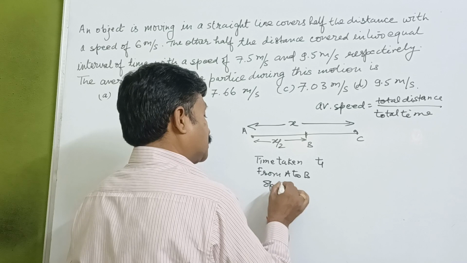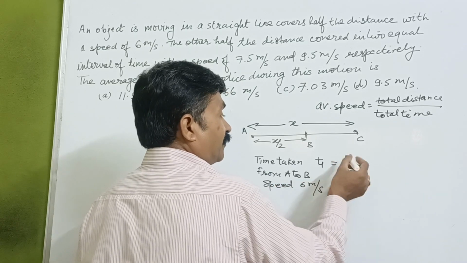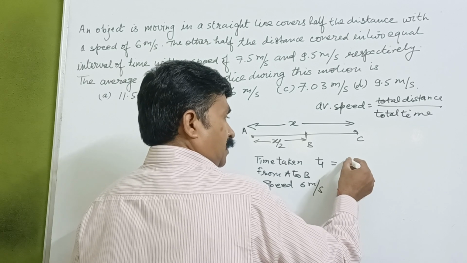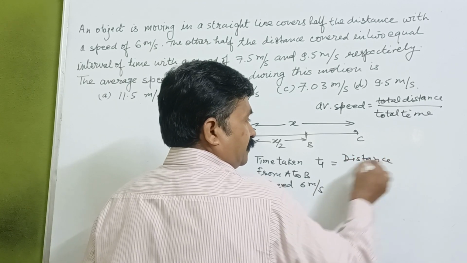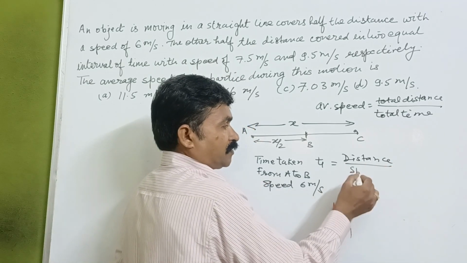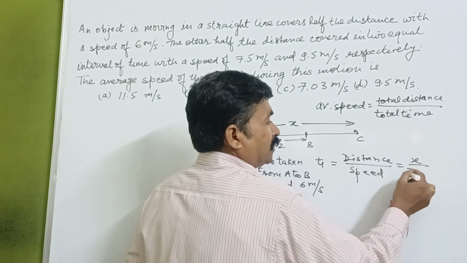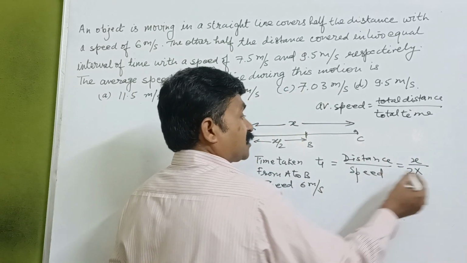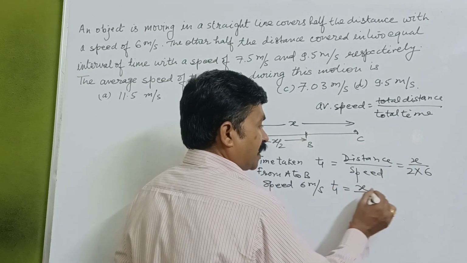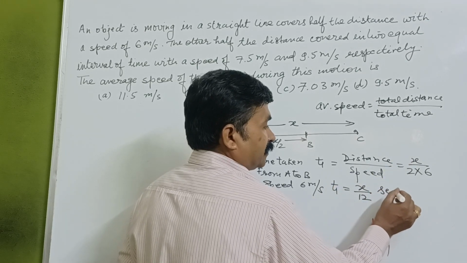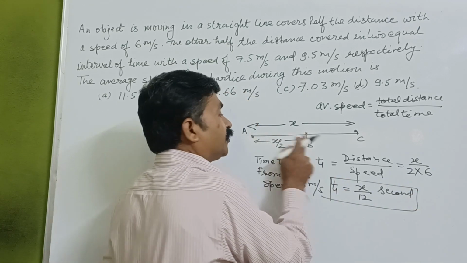Speed is given to us, 6 meters per second, so time will be given by distance upon speed. Distance is x by 2 and speed is 6 meters per second, so time t1 is x upon 12 seconds. This is the time for A to B.